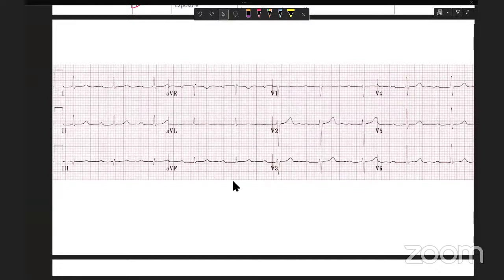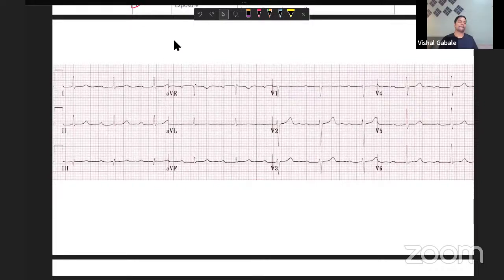Okay, someone is saying first degree heart block. Anyone else? Okay, correct. This is first degree heart block, guys.